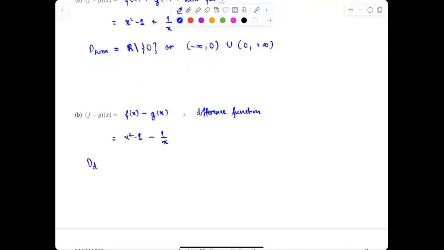And the domain of the difference is all real numbers except 0 as well. Any questions so far?